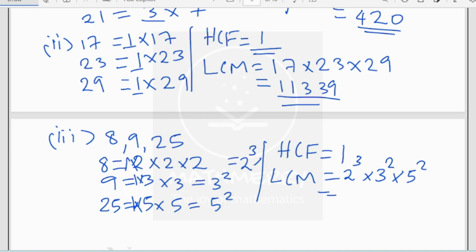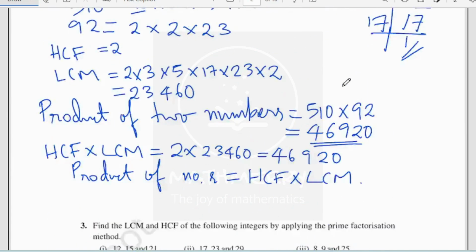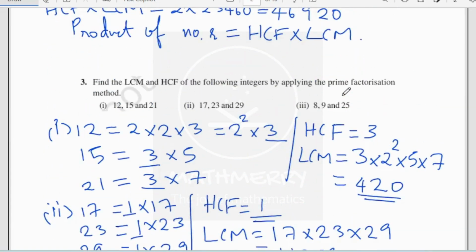So 8 into 9 into 25, we will get 1800 as our LCM. So that's our third sub question. HCF is 1 and LCM is 1800. I hope this question is clear.